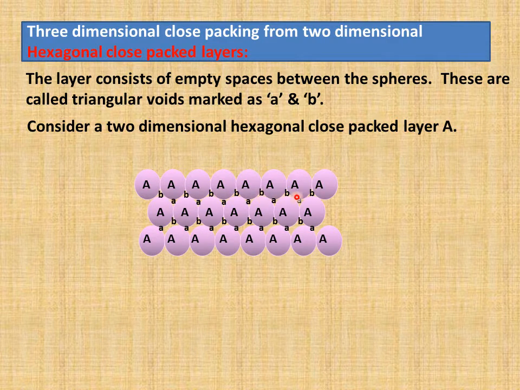This interspherical space, students, is called a void. There are different types of voids in your syllabus: triangular void, tetrahedral void, and octahedral void. This space is similar to a triangle, and hence this interspherical space is called a triangular void.